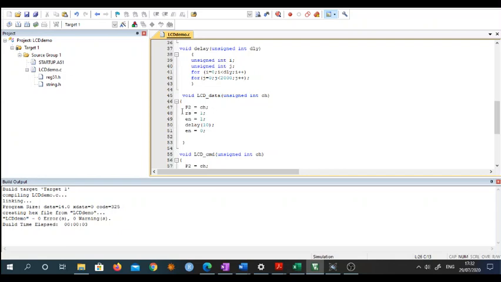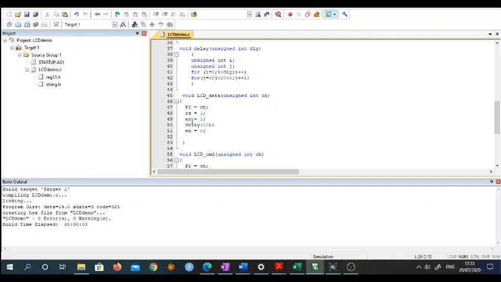Now while transferring data, I have to ensure that my RS pin should be 1, because I already explained in my beginning talk that when the RS pin is 0 it is a command, and when the RS pin is 1 it is data. So this will treat whatever I send in this bracket as data.